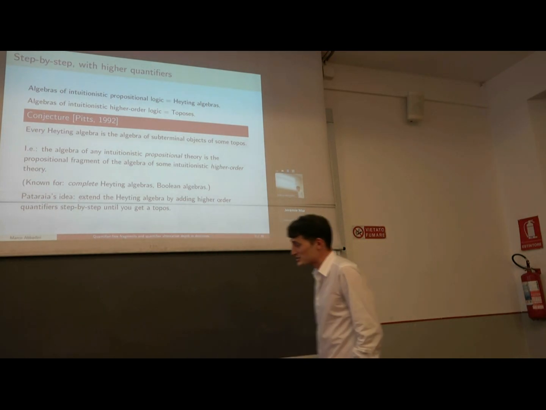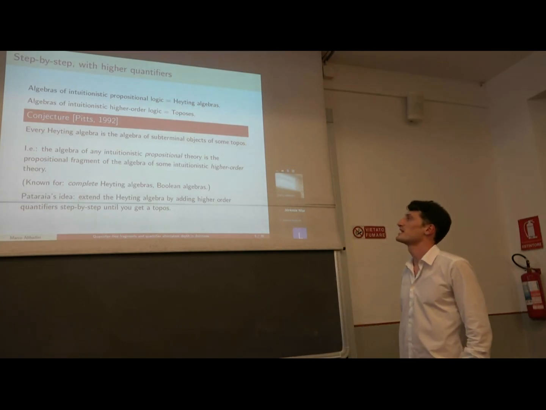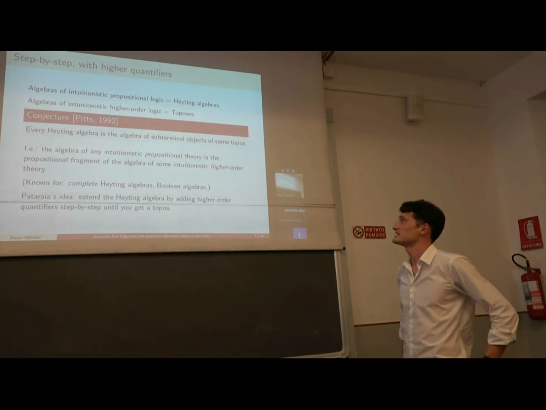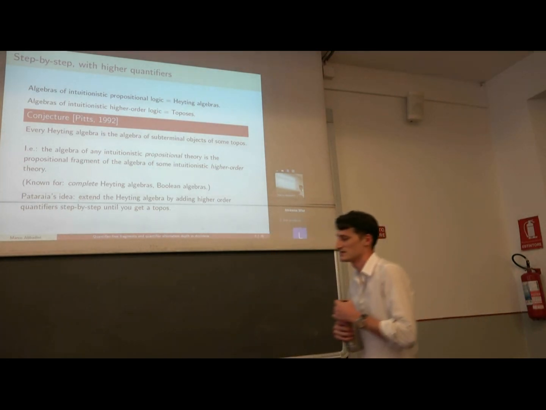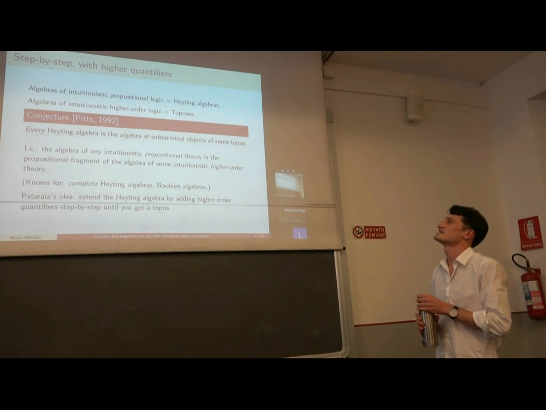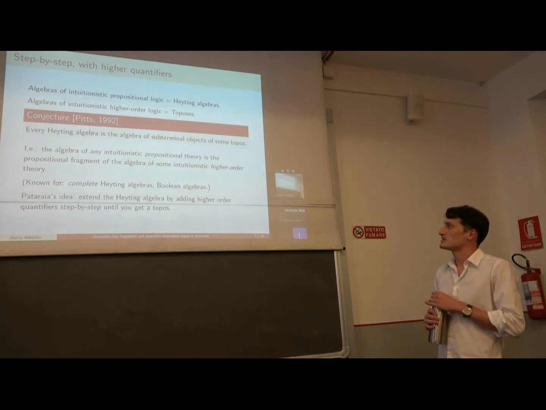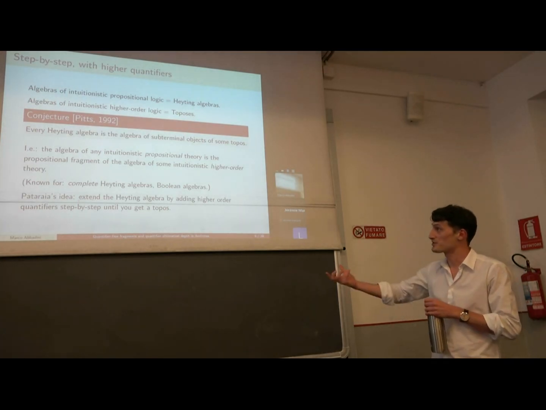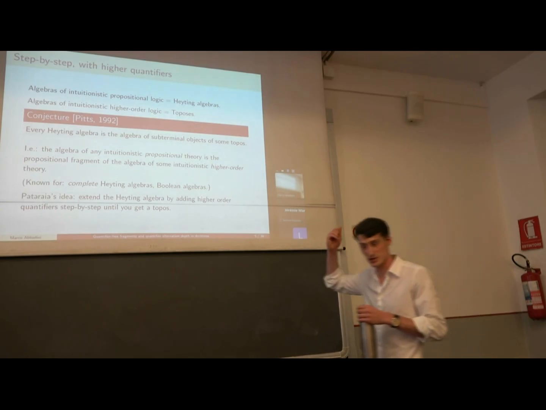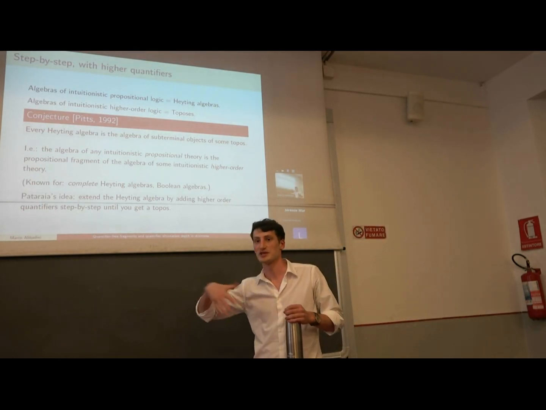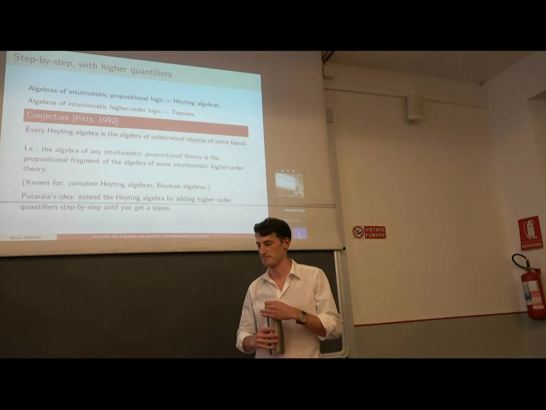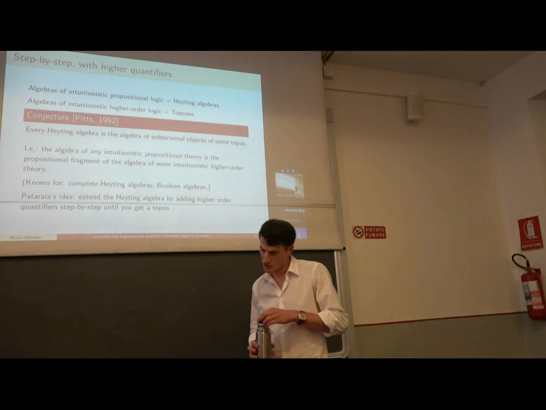And there's this conjecture by Pitts that says every Heyting algebra is the algebra of subterminal objects of some topos. Roughly speaking, this means that if I have an algebra of an intuitionistic propositional theory, then this is also the propositional fragment of an algebra of some intuitionistic higher order theory. This is known for special cases.